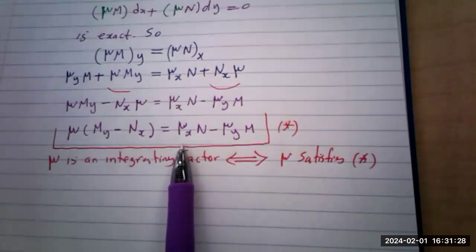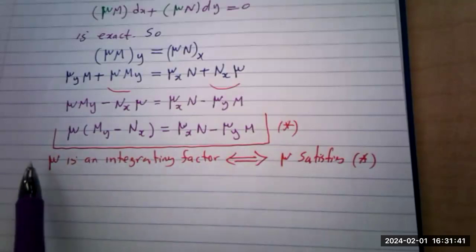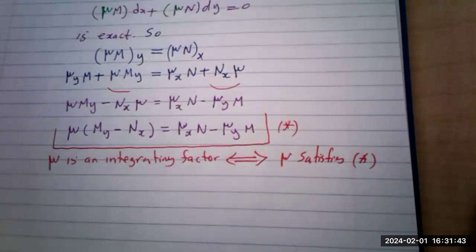If you could call mu sub x mu prime, then you'd be able to solve this equation. But this is partial with respect to x, and this is partial with respect to y. So as is, it's difficult to solve because it's a partial differential equation. So what can you do to change this star equation from a partial differential equation to a differential equation in terms of mu?